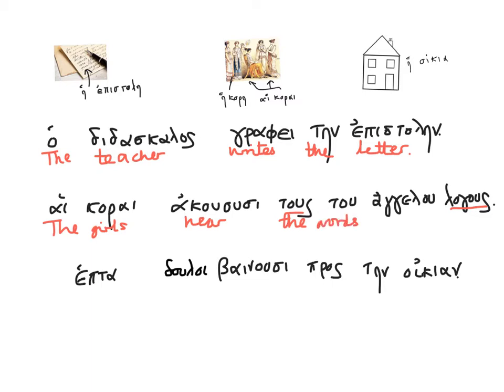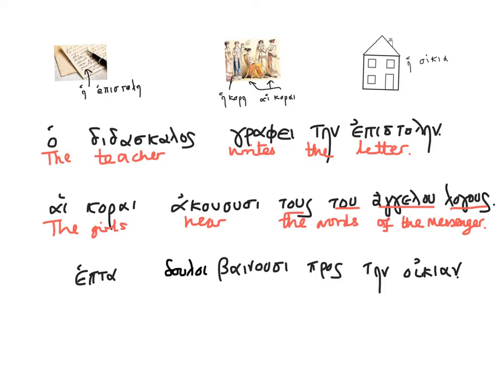Now we take the second word for the, which is tou. That's in the same case as angelou. They are in the genitive case, and we translate the genitive as of. So we write of the messenger. And if you're uncertain about that, do look back over lesson 2.